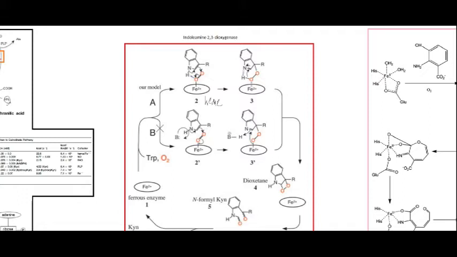So I'll just go through the A. And so we have the oxygen that's bound to the iron in the heme there, just like it would be in hemoglobin. And then we have our tryptophan here come in with its 5-member ring oriented towards the oxygen here.